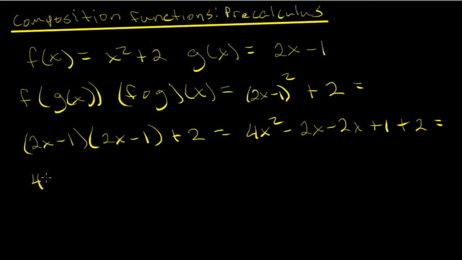Then we would get 4x squared. Combining like terms, we get minus 4x and plus 3. And this would be our composition function.